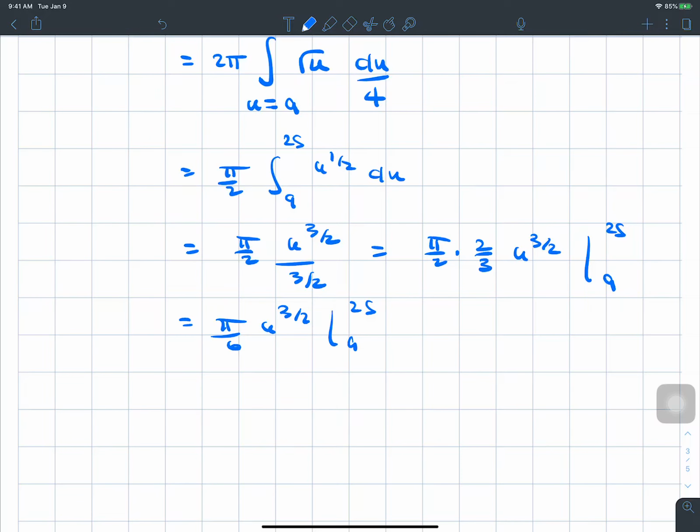So we get pi over 6 times 125 minus 27. 98 pi over 6, it looks like. Now 2 goes into 98 49 times. It looks like we get 49 over 3 pi. Anyway, double check this one. And let's write a nicer 49, but you guys see that's a 49.